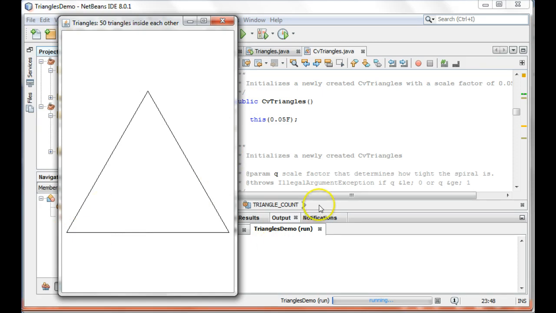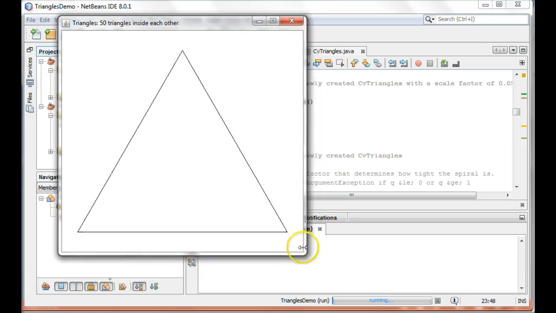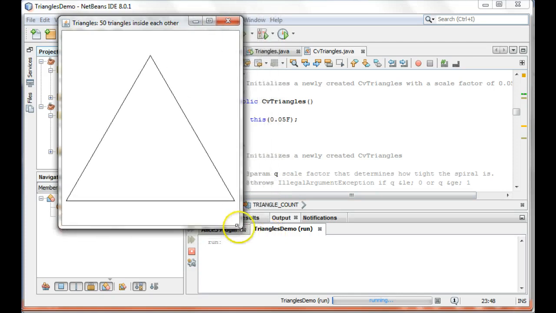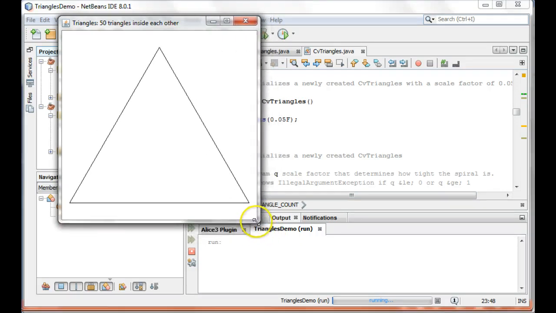Our triangle would be sticking off the edges of the canvas, right? So we need to maintain a square that we're staying inside of, so that our triangle stays on screen.